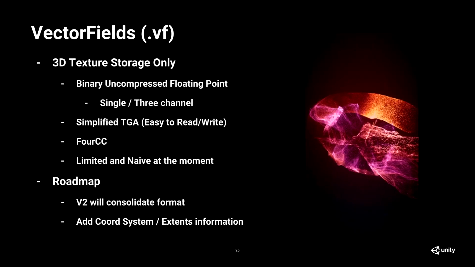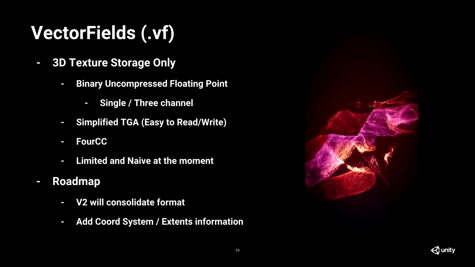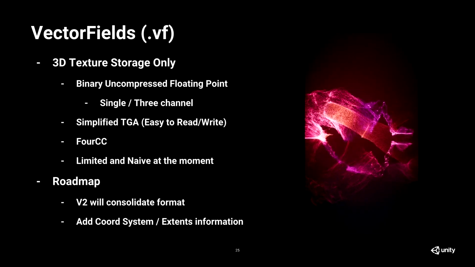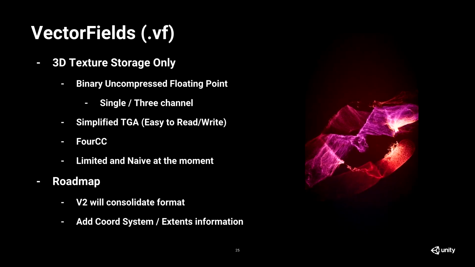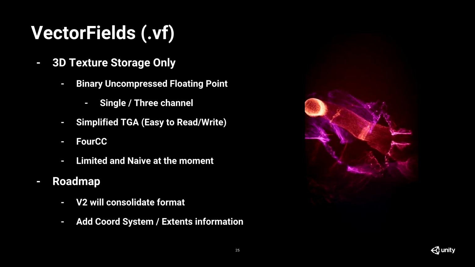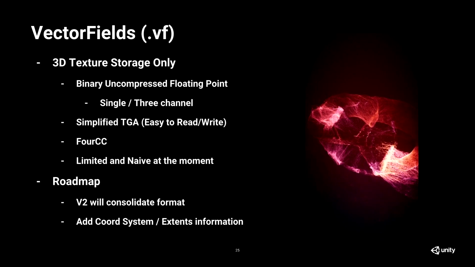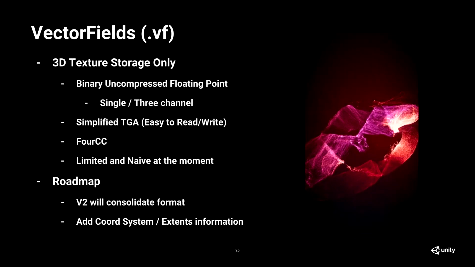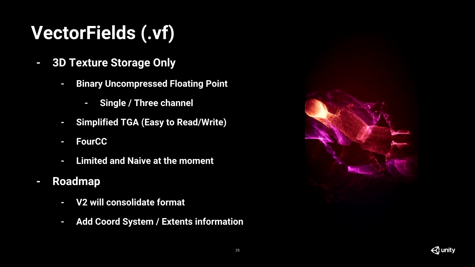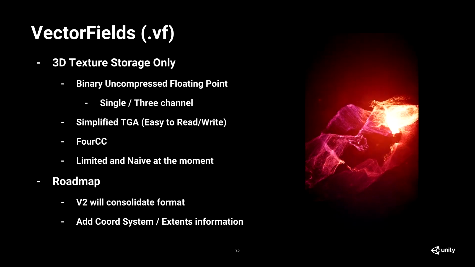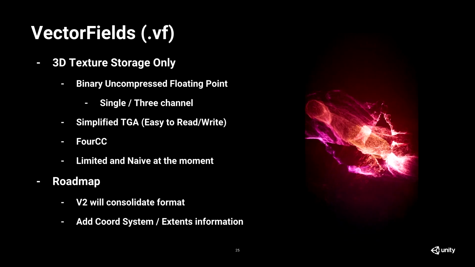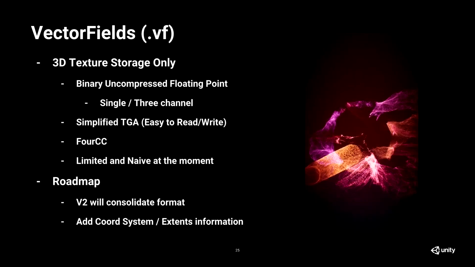Next, we have the vector fields. It's the .vf file, and it's again a specific file format we added for 3D texture storage. We made this because Unity cannot import 3D textures at the moment. Basically, we needed some way to store efficient floating point vector fields.